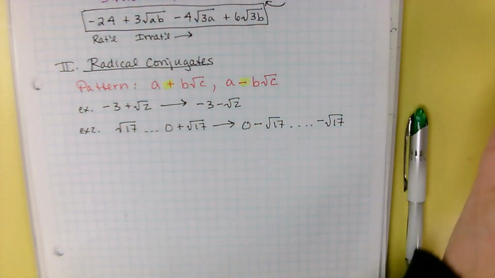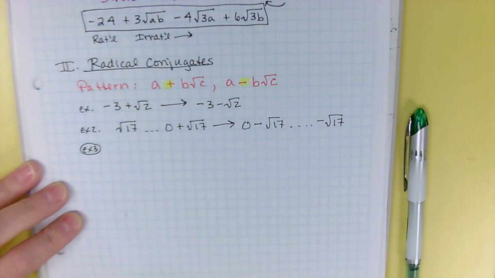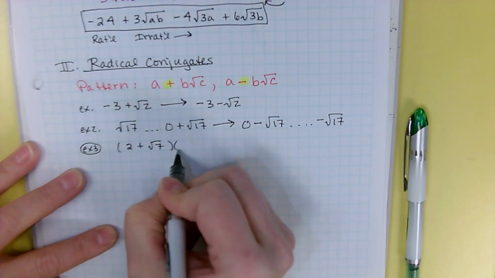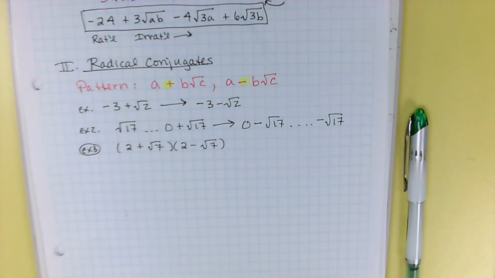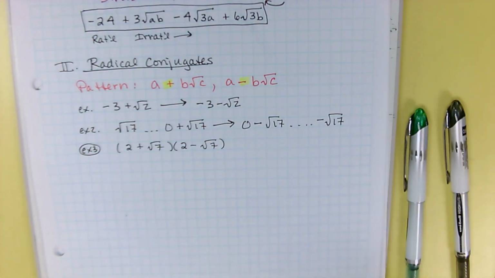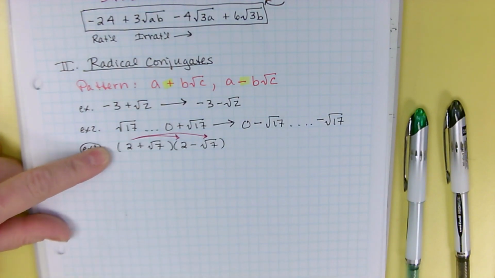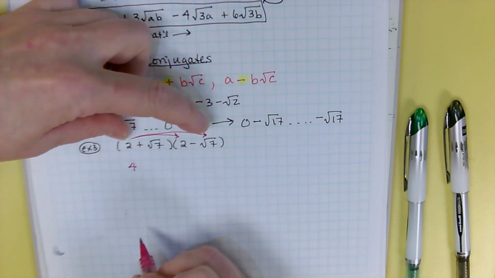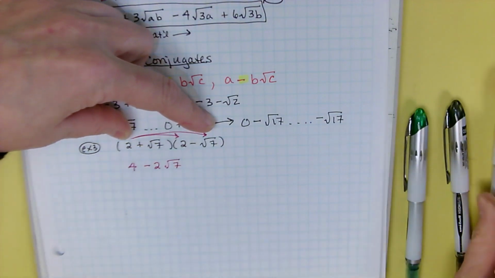The cool part about radical conjugates is when you multiply them together, special things happen. So we're going to multiply 2 plus radical 7 times 2 minus radical 7. These are radical conjugates, and we're going to use the same technique as above. We take the 2 and multiply it by everything in the second parentheses. 2 times 2 is 4. 2 times negative radical 7 is negative 2 radical 7.